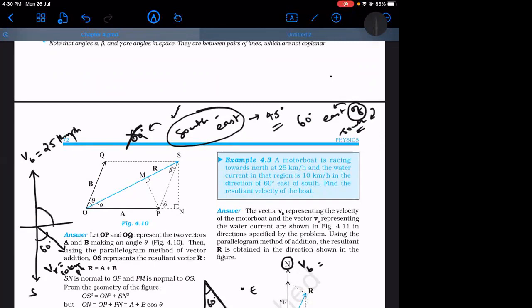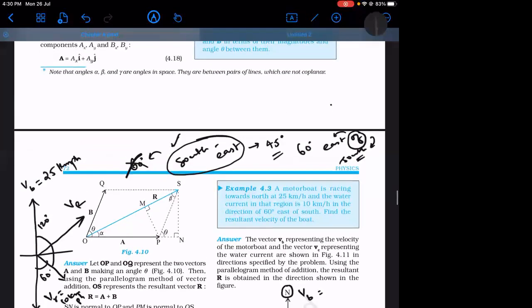How much is this angle? 120 degrees. And this will be the direction of resultant. So VR is equal to root of VB square plus V small r square plus 2 into VB into V small r cos of 120 degrees.